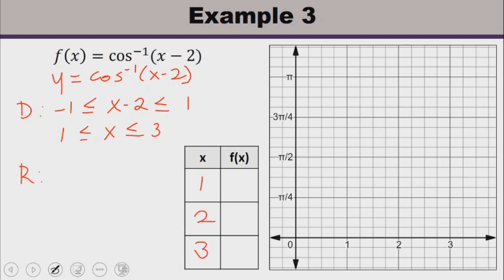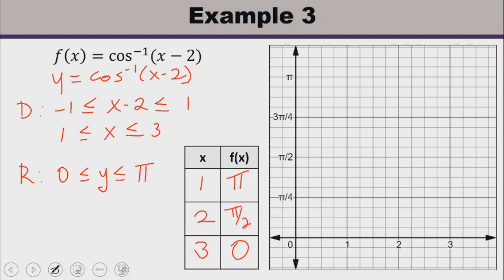So since the y didn't change, we have the range going from still 0 to pi, okay, 0 to pi. But you remember that we have to switch: the minimum value of the domain takes the maximum value of the range, and the maximum value of the domain goes to the minimum value of the range. And the midpoint between 0 and pi is pi over 2.